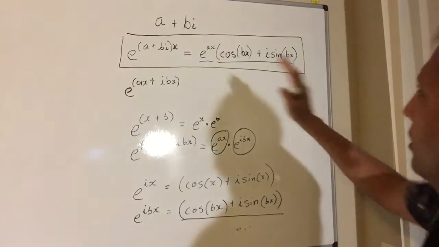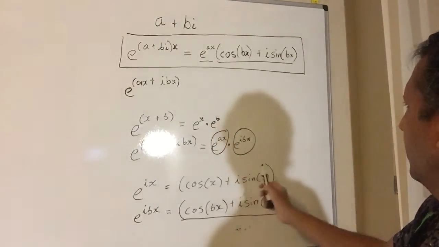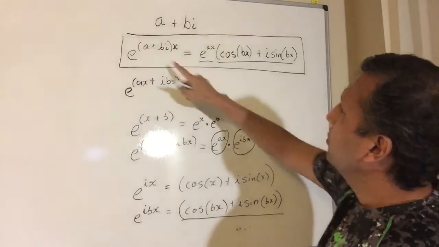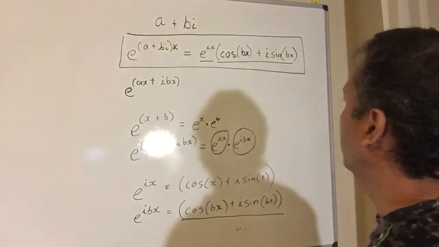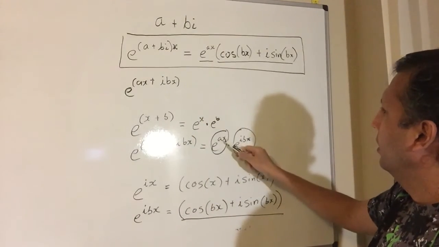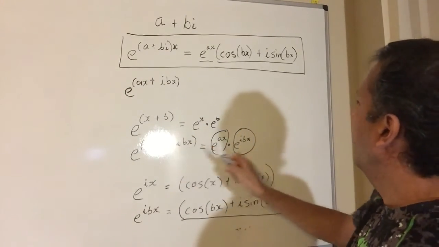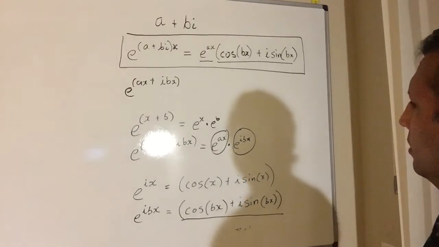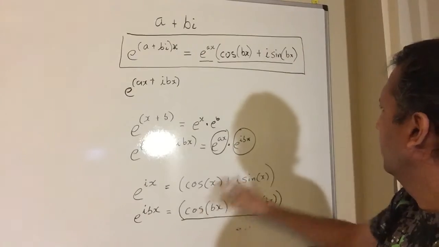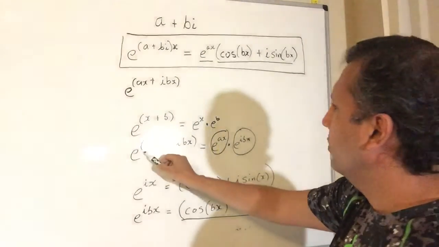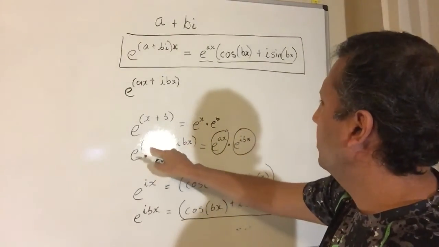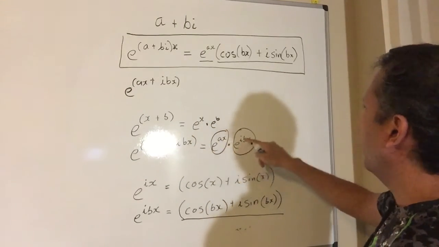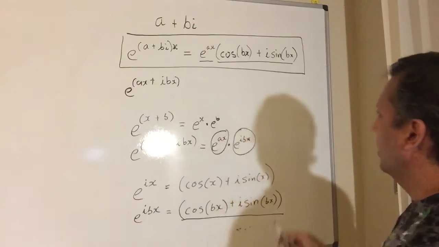And I've found the calculations that took me from here to here. This value and this value gave me, so this e to the ax came from e to the ax multiplied by e to the ibx, which is this part.